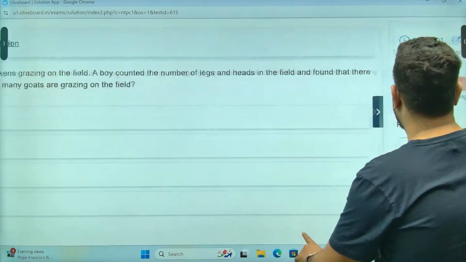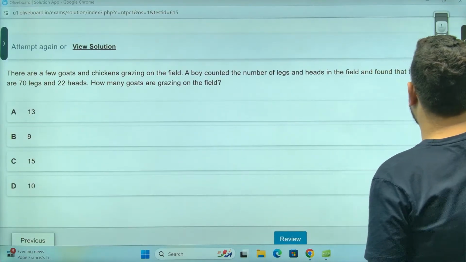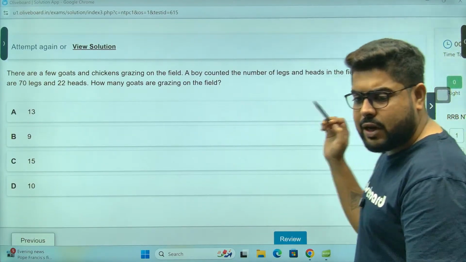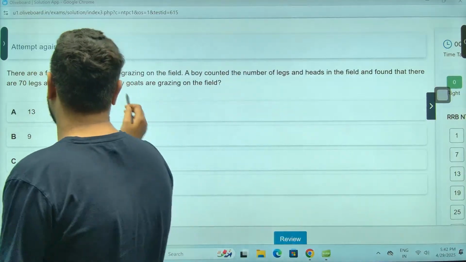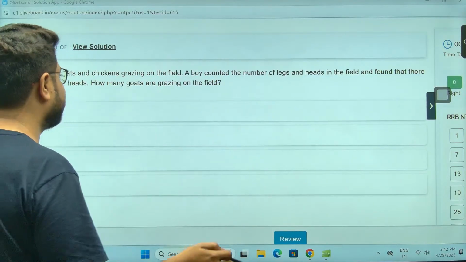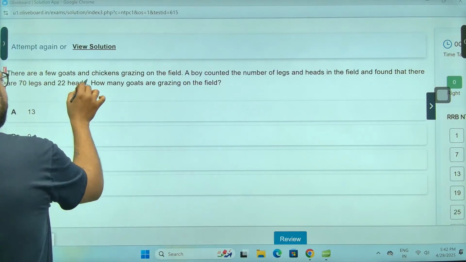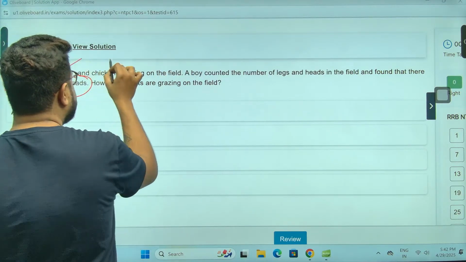The cow problem. This can be done in a different way, including allegation, which many people use, but I feel this is a simple linear equation. The boy counted the heads, 22 heads, of goats and chickens.